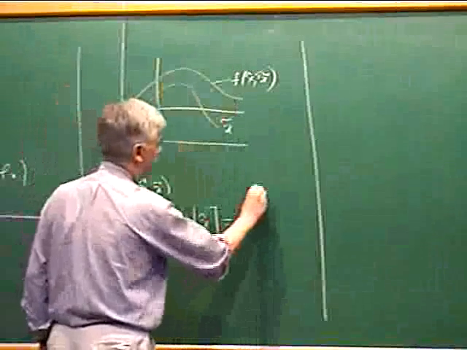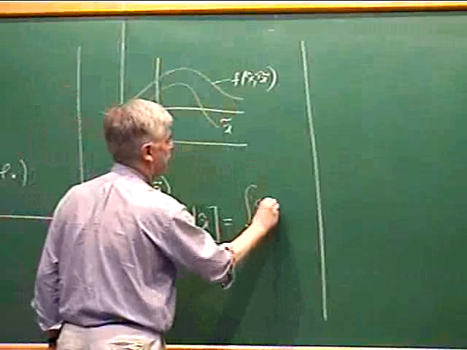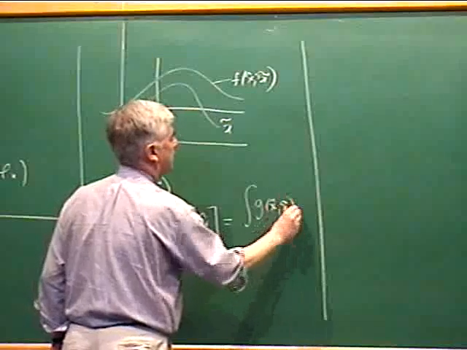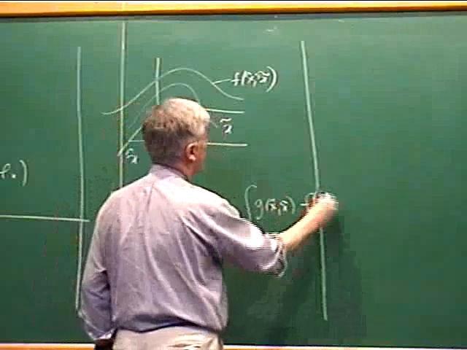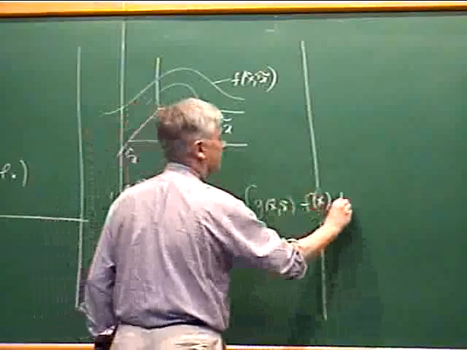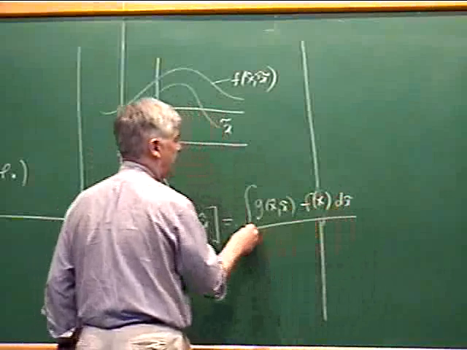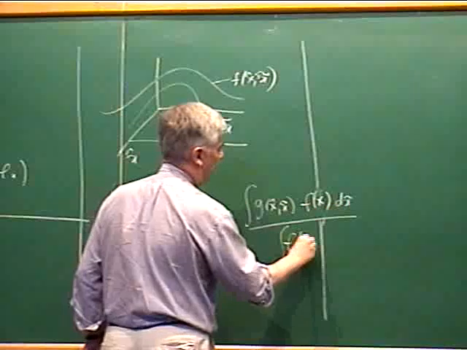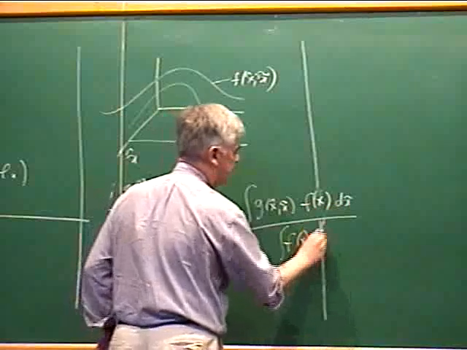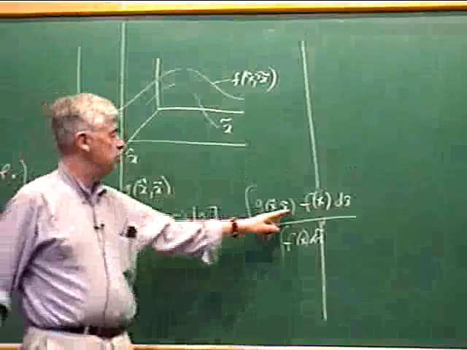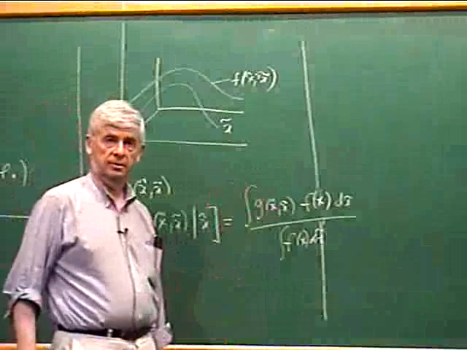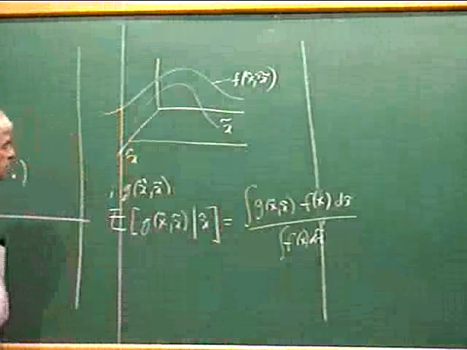So this is simply the integral of G of x roof, x tilde, f of x, this is both variables, x roof and x tilde, dx tilde, divided by the integral of f of x dx tilde. This division is necessary to make the probabilities add up to 1. So that the average of the function which is equal to 1 is equal to 1. Okay, so this is the conditional expectation.